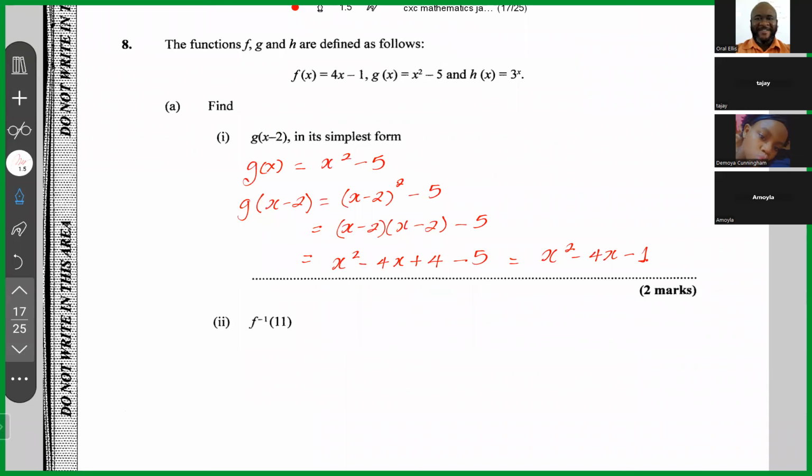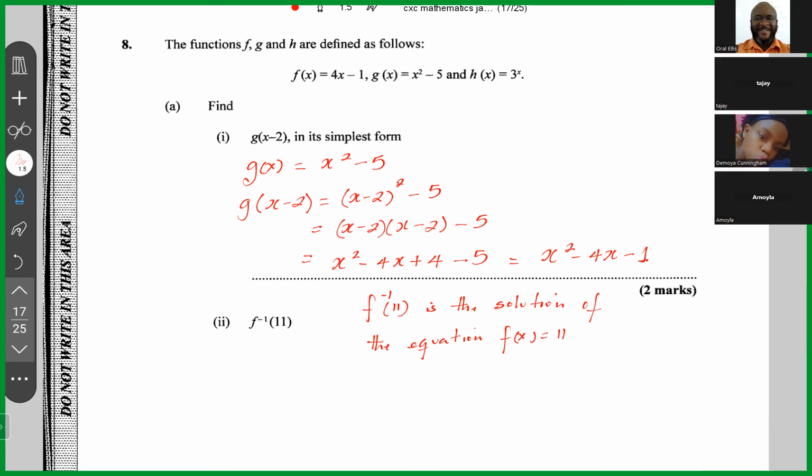Now, I would have told students this, that f inverse of 11 is the solution of the equation f of x is equal to 11.